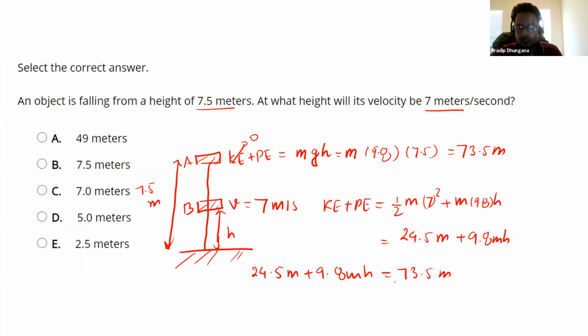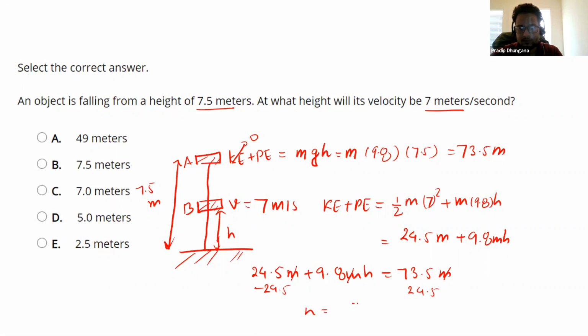And you have m here, so you can divide both sides by m so that those m's get cancelled. We have to calculate height. So subtract 24.5 on both sides and divide by 9.8 on both sides.